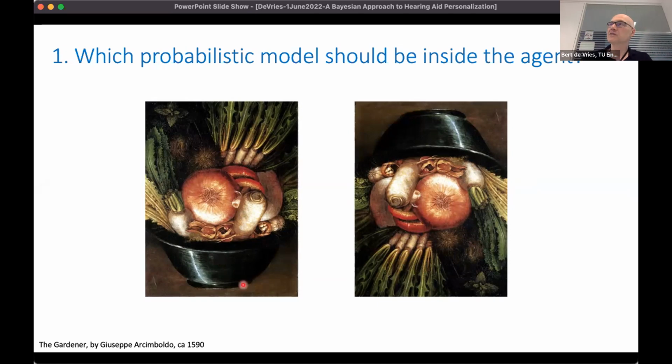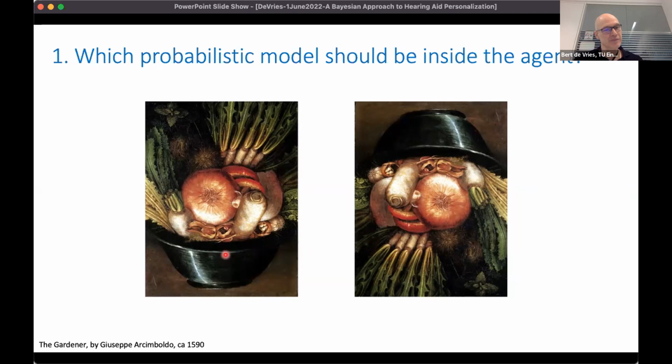Because we see in life a lot more straight faces than upside down vegetable bowls, if we see the picture on the right, we will rather see the face, because upside down vegetables don't occur very much in nature. On the other hand, on the left hand side, a straight up vegetable bowl is something that we have a high probability for seeing in nature. So that's a very feasible hypothesis that the brain makes.